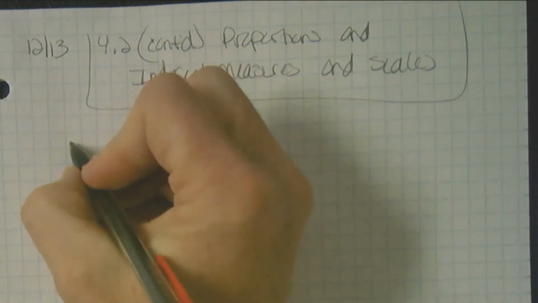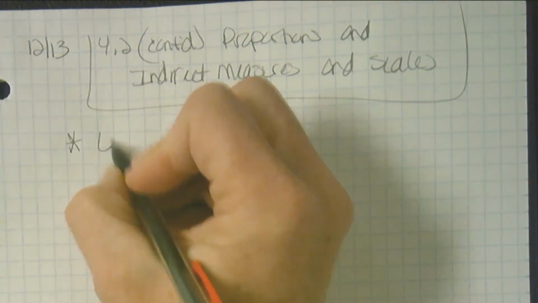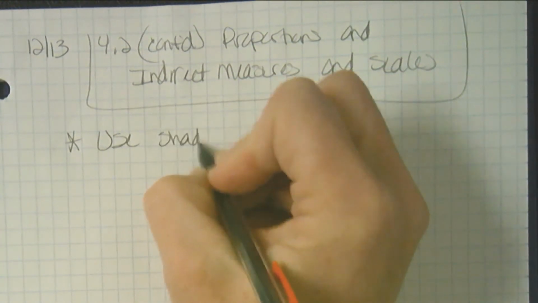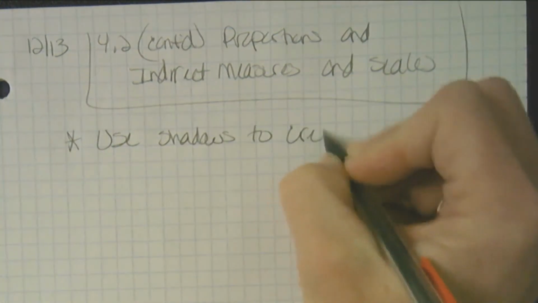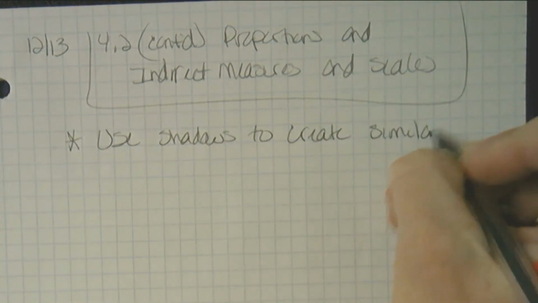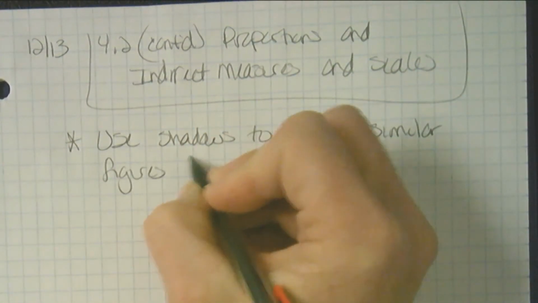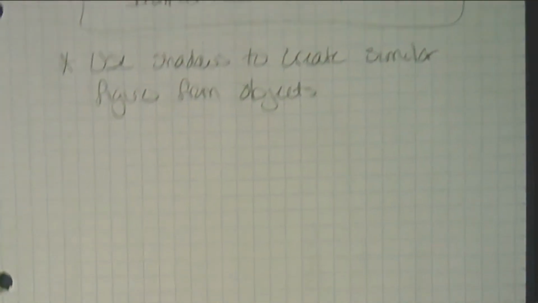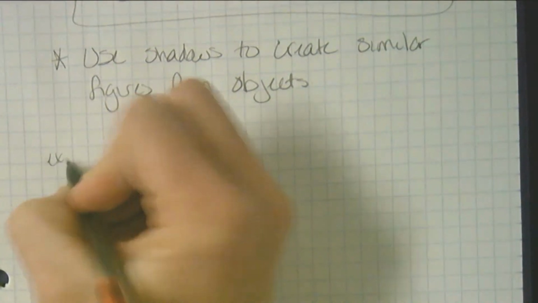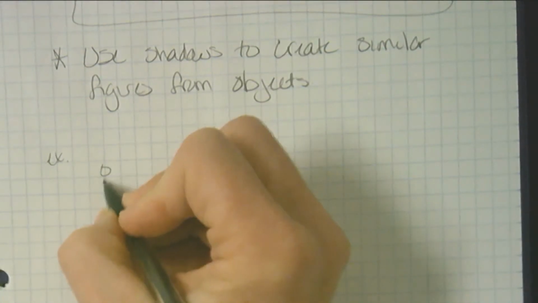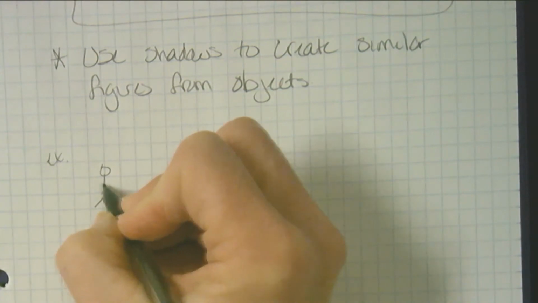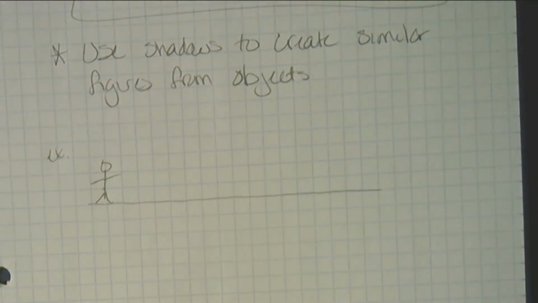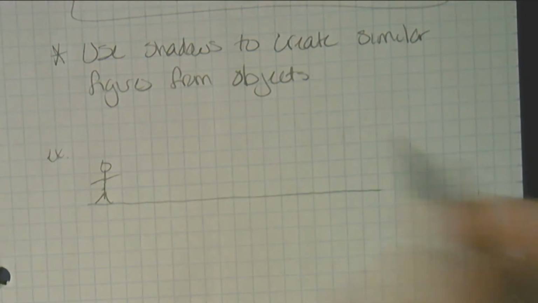All right, indirect measurement means that we are going to use shadows to create similar figures from objects. All right, so let's say we have this person standing on the ground. We have the height.